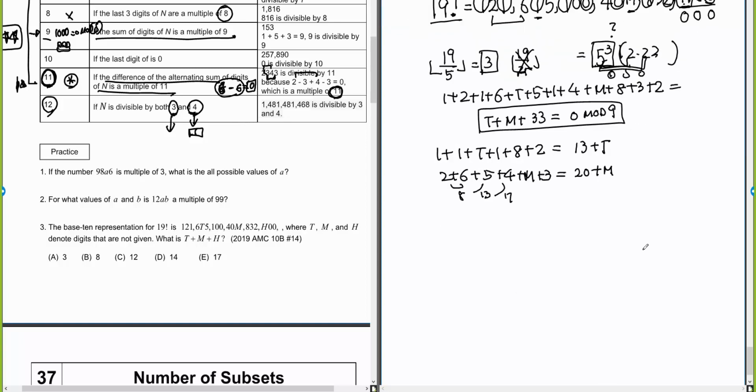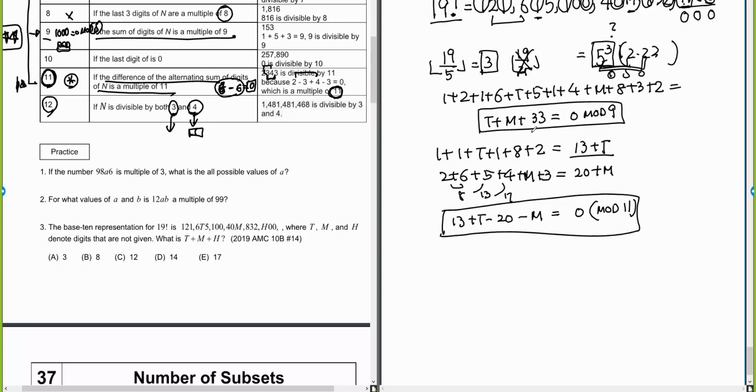You can subtract. It doesn't matter which is first. 20 plus m, or we're going to use t plus m. I'm going to use this first. It doesn't matter, okay? 13 plus t minus 20 minus m should be equal to 0 mod 11, isn't it?